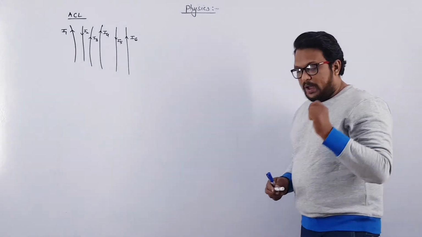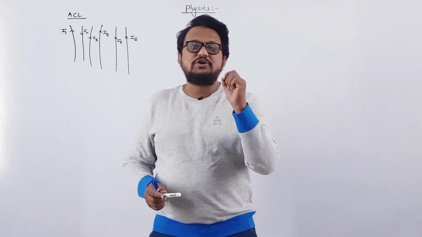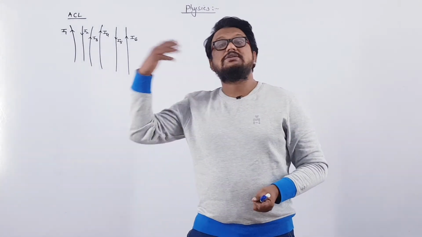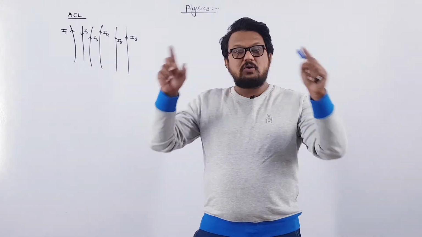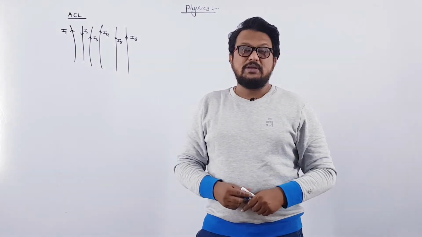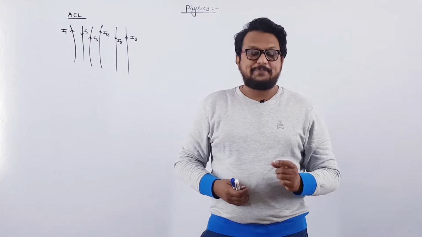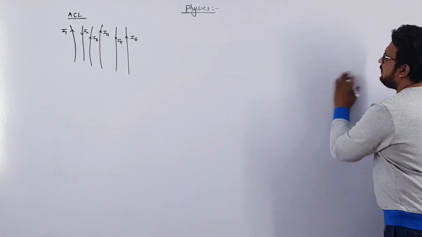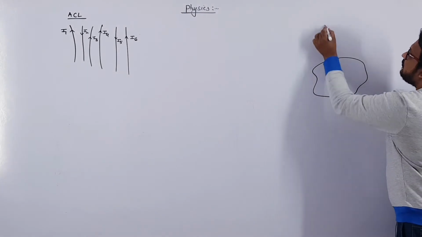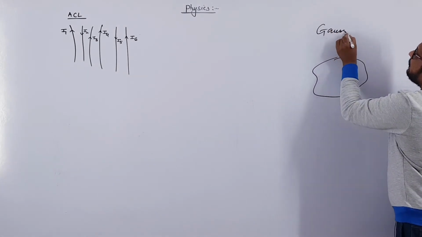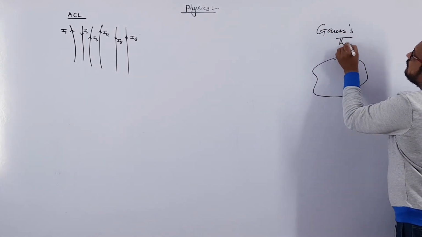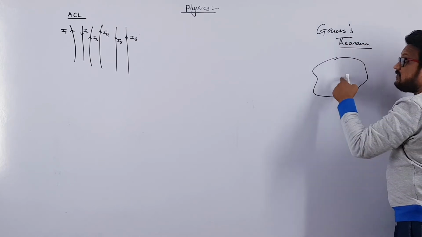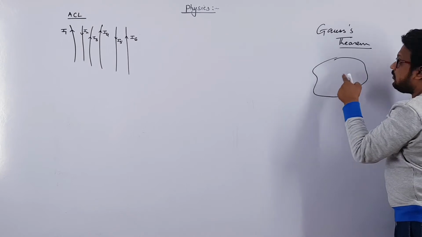Now look, while applying Gauss theorem, it is necessary to have a closed surface, and that was known as the Gaussian surface, in which enclosed charges were there. The concept was something like this. Suppose we are discussing Gauss law and we have a closed surface, named the Gaussian surface.